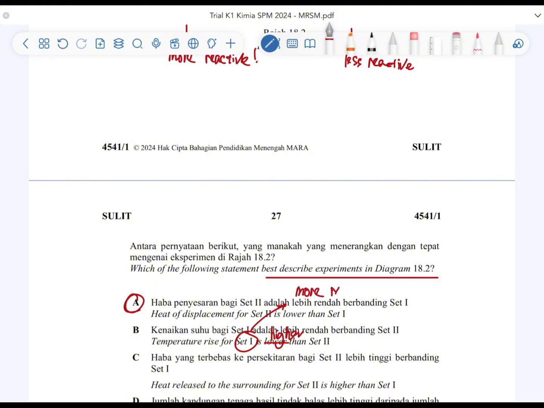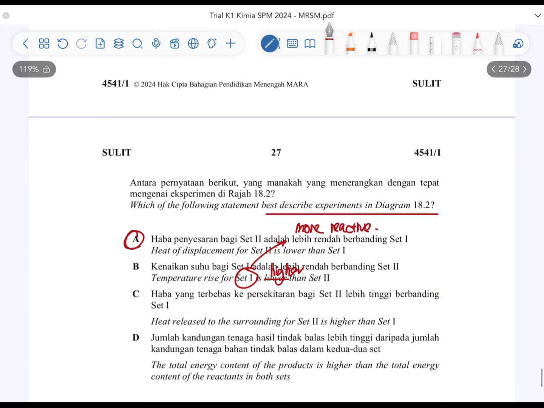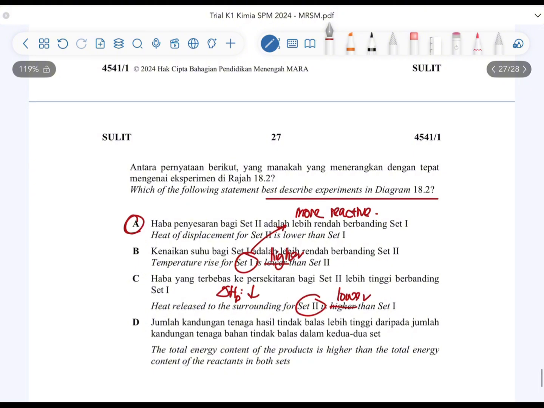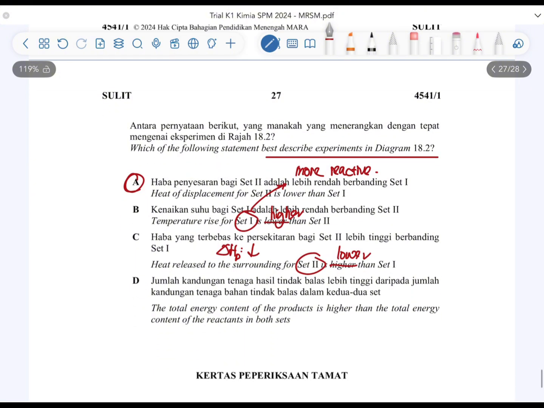So it will for sure give a greater increase in the temperature. Then C, the heat released to the surrounding for set 2 is lower, because the heat of displacement that it produces is very low, so for sure the heat released to the surrounding is also lower than in set 1.